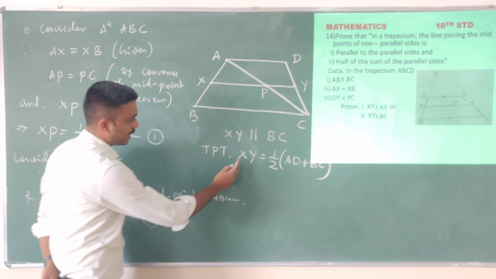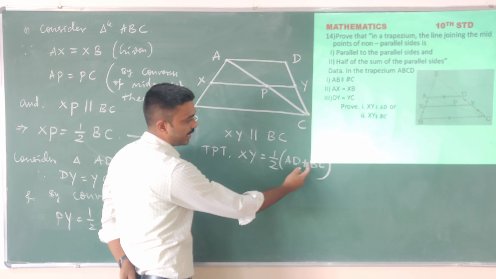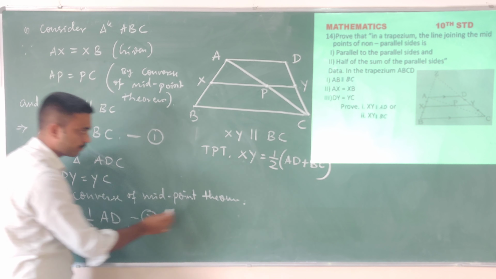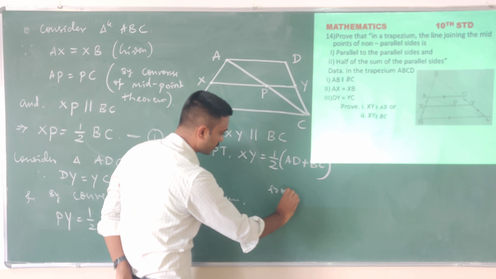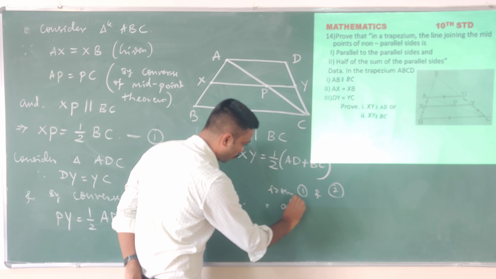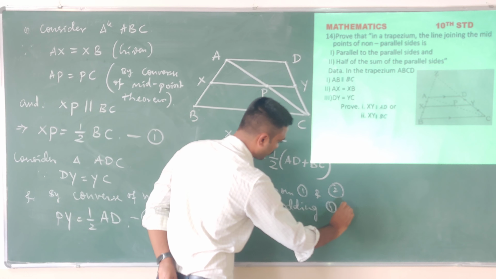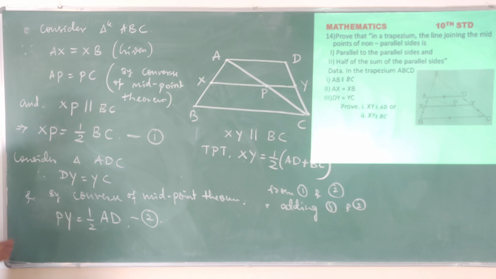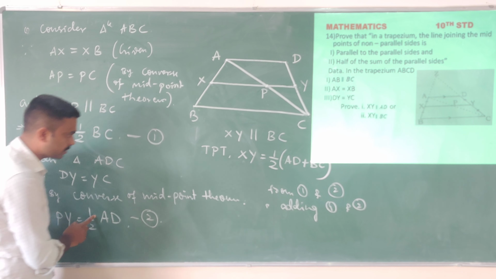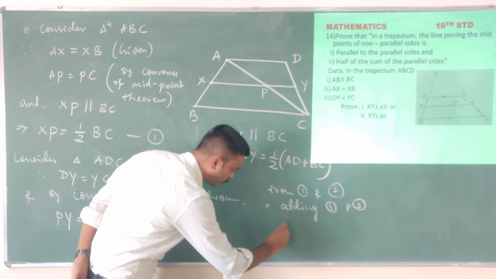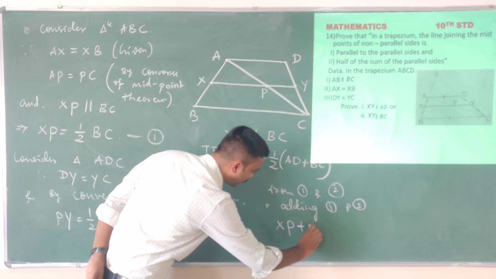Now to show that XY is equal to 1/2 times AD plus BC, just add equations 1 and 2. How do we add two equations? LHS plus LHS is equal to RHS plus RHS. The LHS in both equations is XP and PY, so XP plus PY.